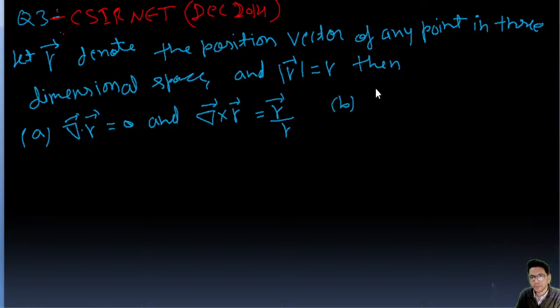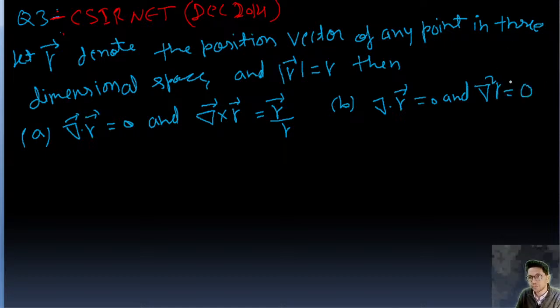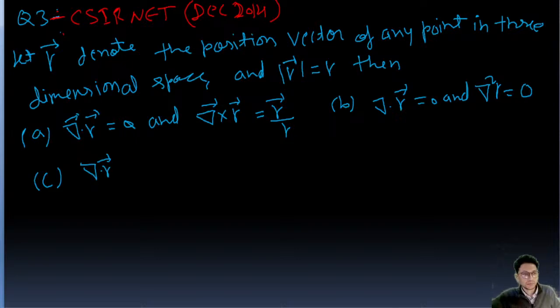Option B is divergence of R equal to 0 and del square R equal to 0. Option C is divergence of R equal to 3. Just give me 1 second, okay? I need to fix something.